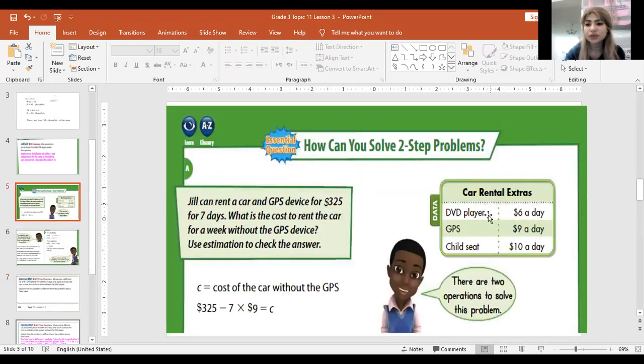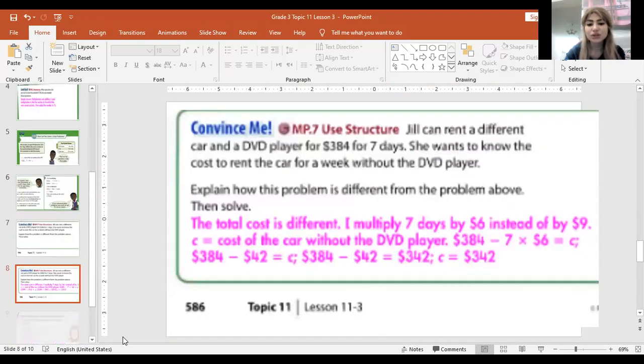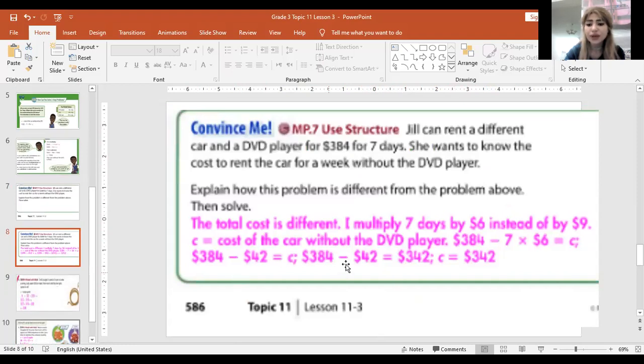The cost of the DVD is $6, so it will be 384 minus 7 days multiplied by $6 equals C. So C equals 384 minus 7 multiplied by 6, which is $42. So 384 minus 42 equals $342.